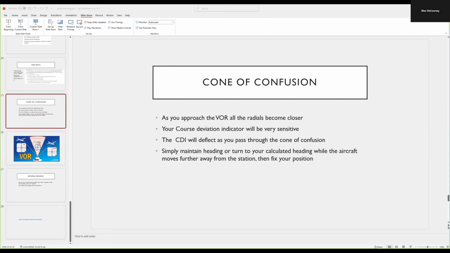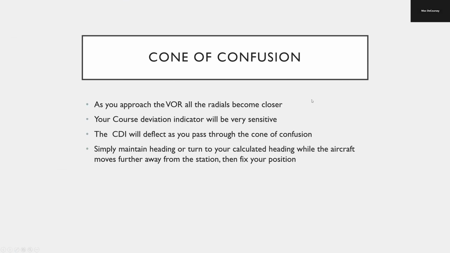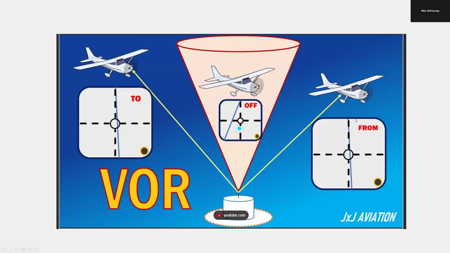You'll know that you've crossed over the VOR and passed it when the indicator flips from to to from. So this is what it would look like. Flying, the radials are getting closer and closer. You're very close to the VOR. It can't tell where you're at. Then you cross away from it, and it starts giving you the from indication.